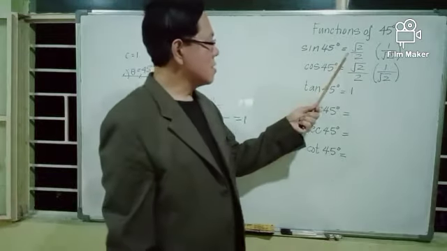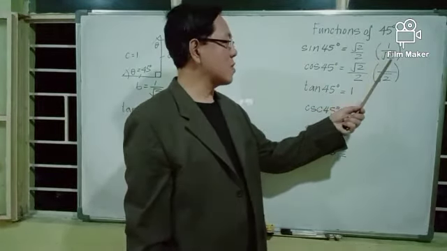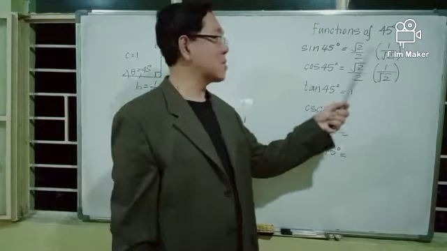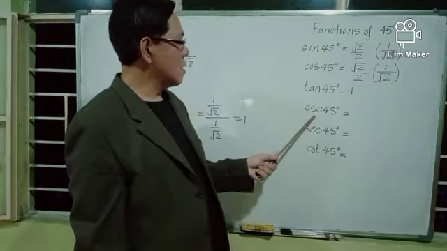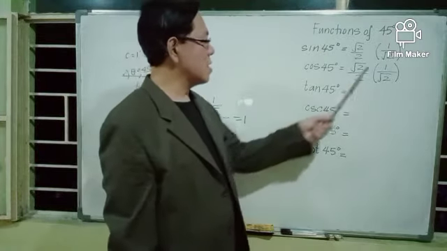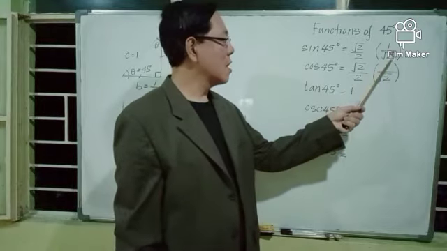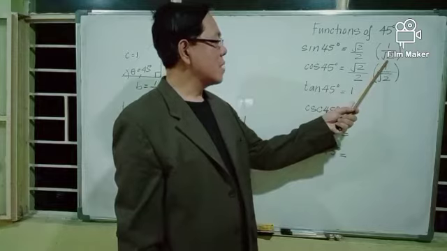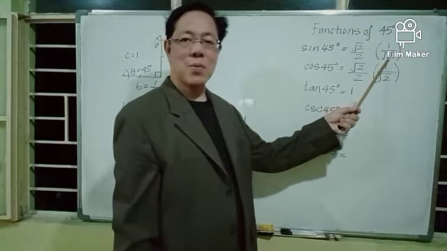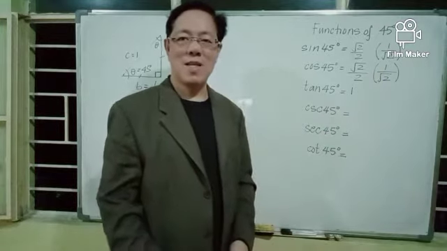And this was derived from the original value of 1 over square root of 2, the original value of sine of 45 degrees. Hence, the cosecant of 45 degrees is the reciprocal of this value of sine of 45 degrees. And the reciprocal of 1 over square root of 2 is square root of 2 over 1. And square root of 2 divided by 1 is square root of 2.